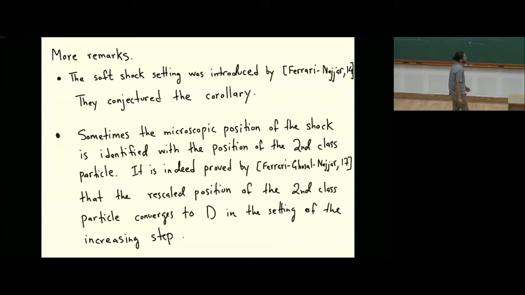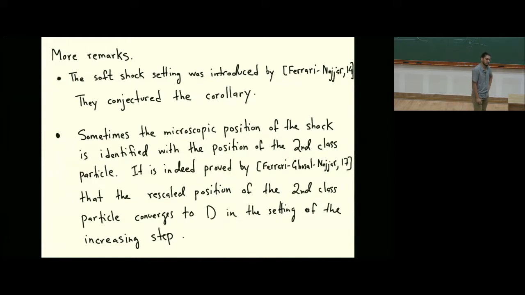Is it the case that in the scaling limit it moves at scales of t to the 1/3, and if you rescale, it converges to the difference of 2 independent GOE Tracy-Widoms? The answer is, in fact, yes, which was also proved recently by Ferrari, Ghosal, and Nejjar, who showed that this D is also the limit of the second-class particle. So in that sense, it is actually following the shock.